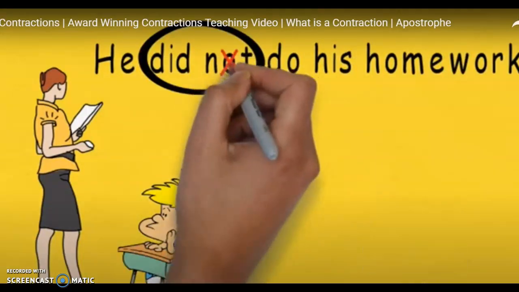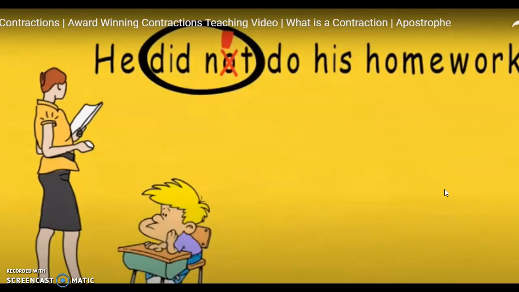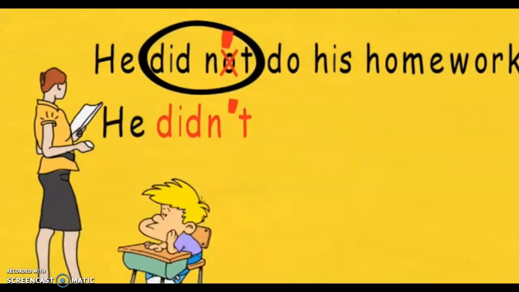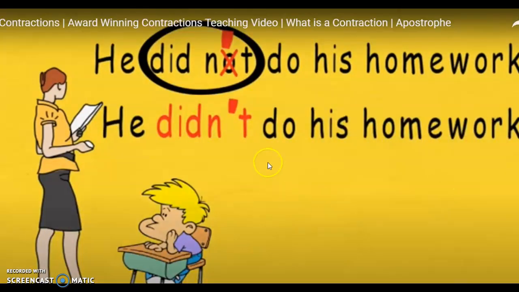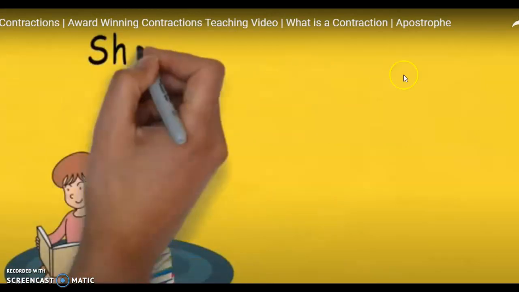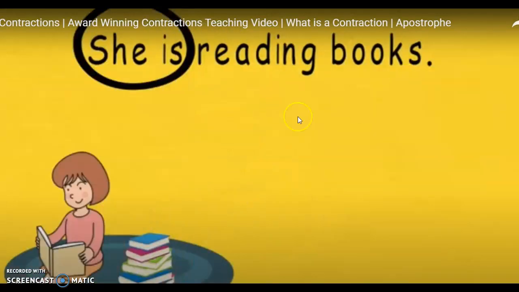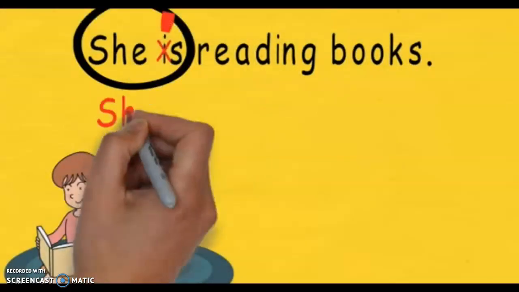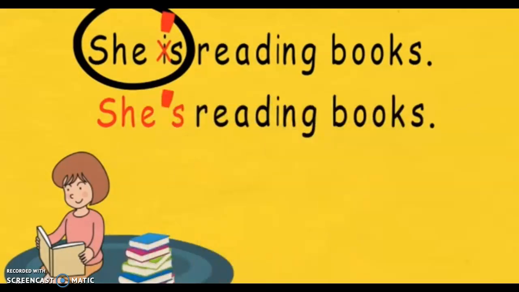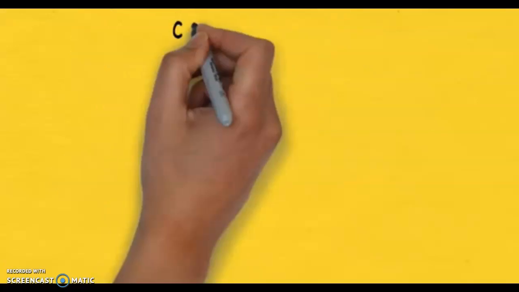By replacing the O with an apostrophe, did not becomes the contraction didn't, making my new sentence, he didn't do his homework. We can also take out a letter from not. Let's look at another example. She is reading books. I could make the words she is into a contraction. By replacing the I with an apostrophe, she is becomes the contraction she's. She's reading books. We use contractions every day when we speak and write.